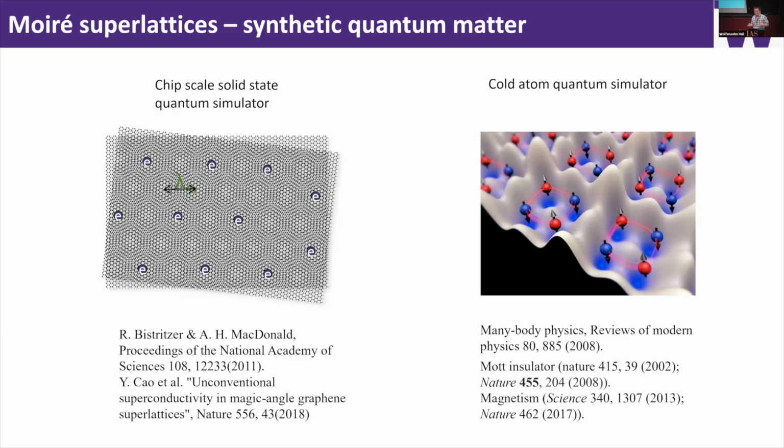This gives us a lot of freedom to create these solid state quantum simulators. I think these two systems are complementary to each other. For cold atoms, you can precisely engineer Hamiltonians, and the system is really clean. A solid state system is dirty, but it gives a lot of tuning parameters, and with stronger interactions.